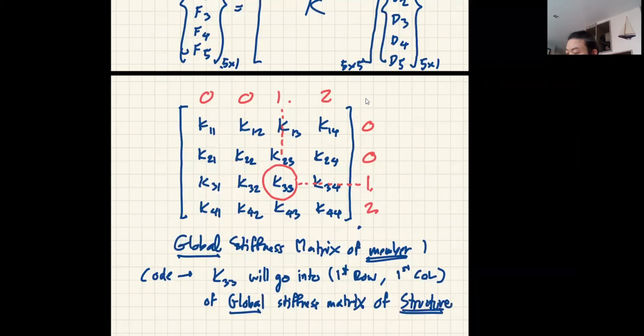Now we are pulling each component from the member into the structure. In similar fashion, K34 of member 1 will go into the first row, second column of the matrix of the structure.